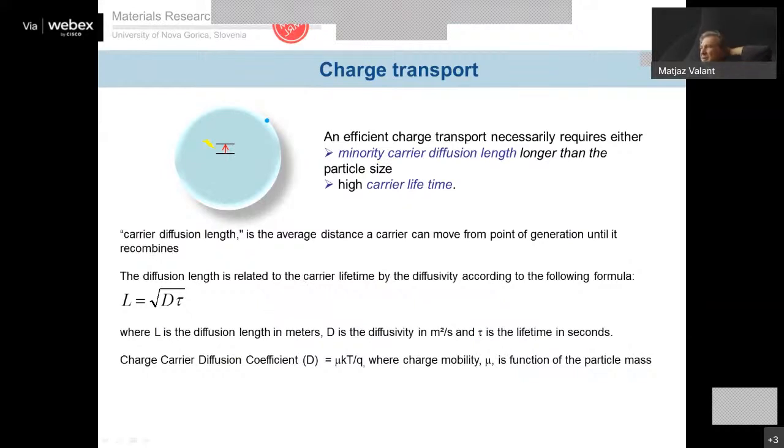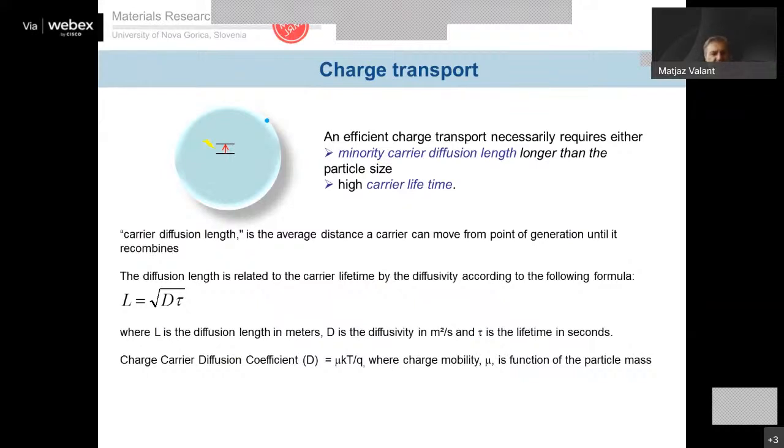And therefore, when we talk about the photocatalyst, in the majority or in all cases, we talk about nanoscience, nanoparticles, the synthesis of all kinds of nanostructures, because we want to reduce the size of particles to be smaller than the carrier diffusion length.